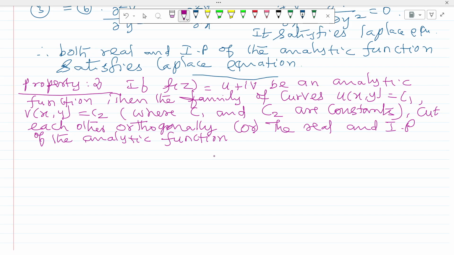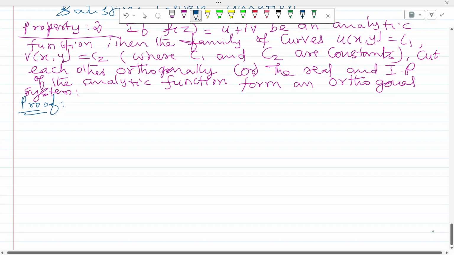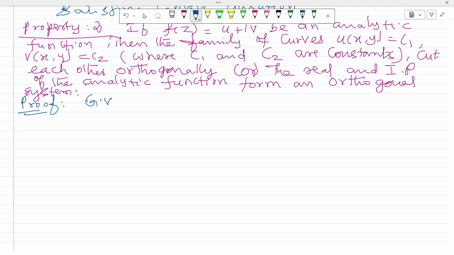The real and imaginary parts of an analytic function form an orthogonal system. So how can we prove this? First, given f of z equal to u plus iv is an analytic function.